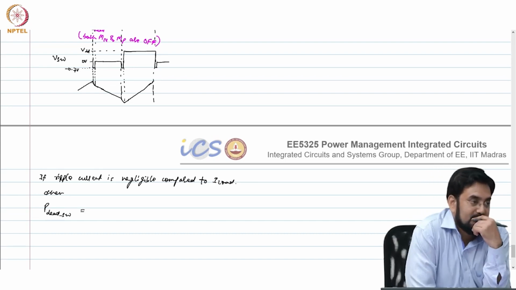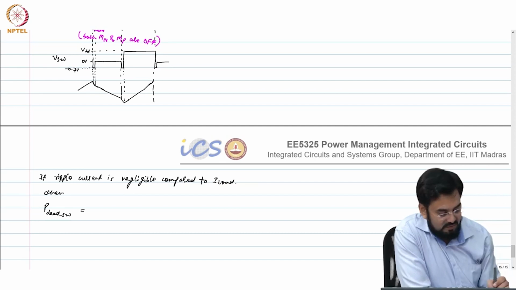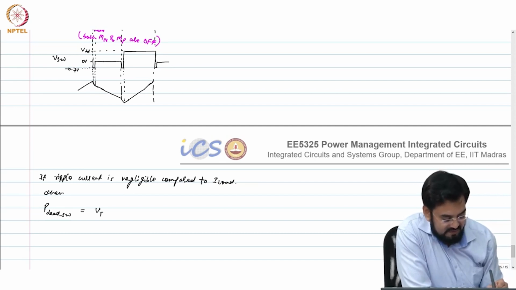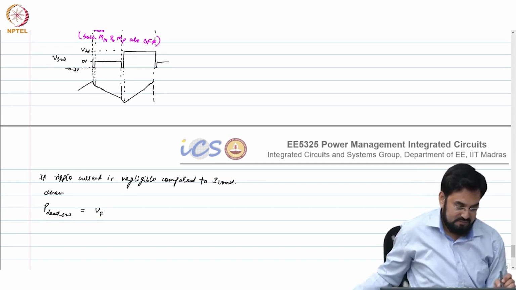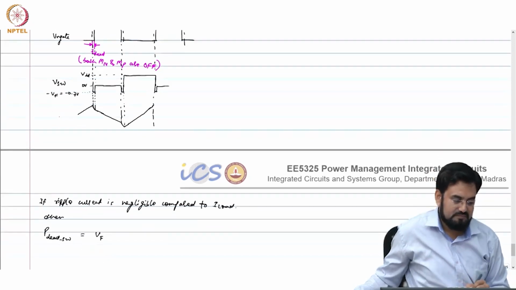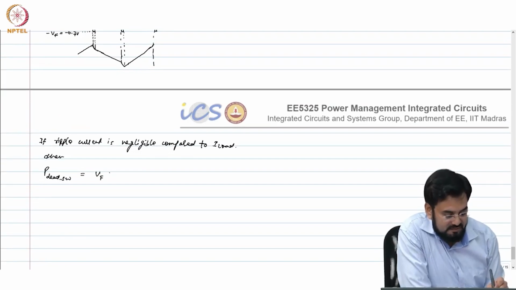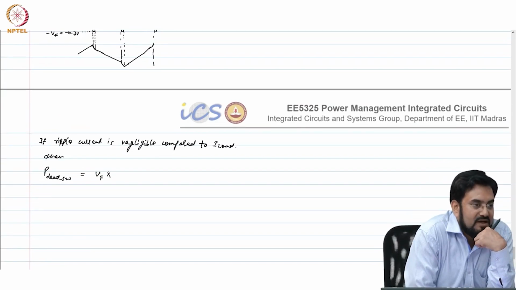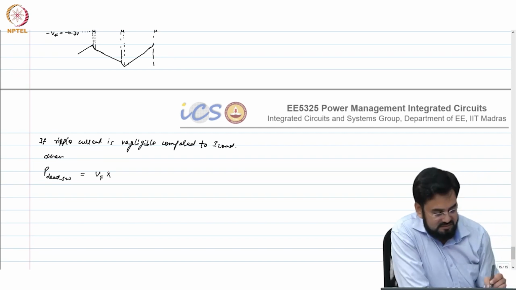What will be that? What is the voltage? Voltage is VF, forward voltage of the diode. Okay. Minus VF, multiplied by current. How much current is flowing in the diode? Load current.